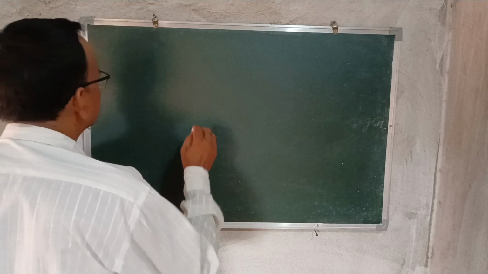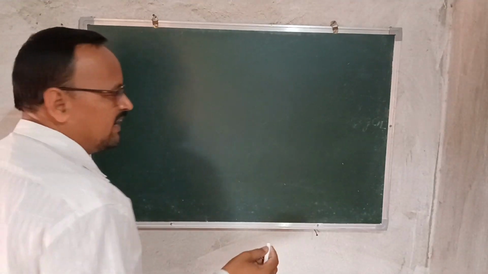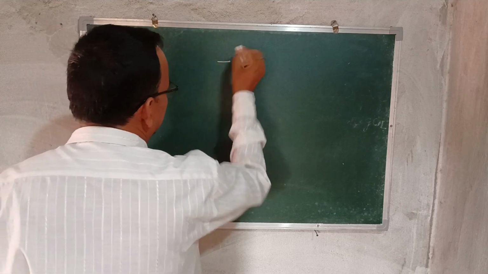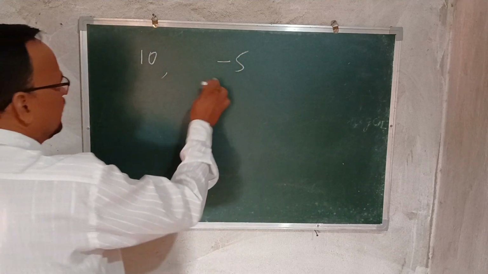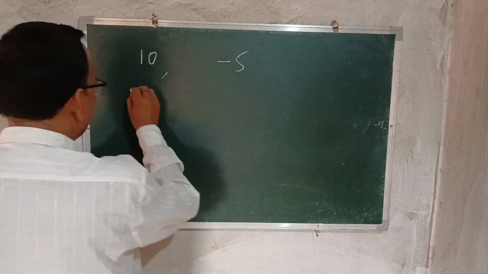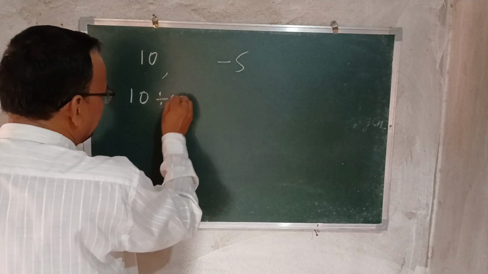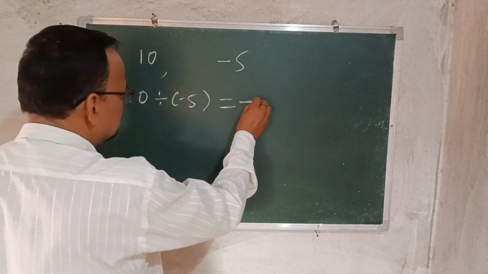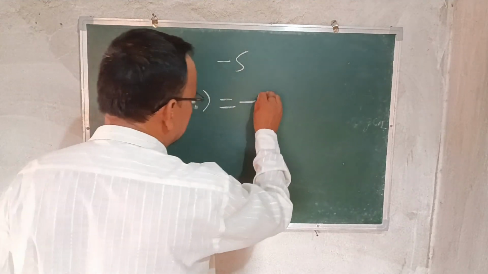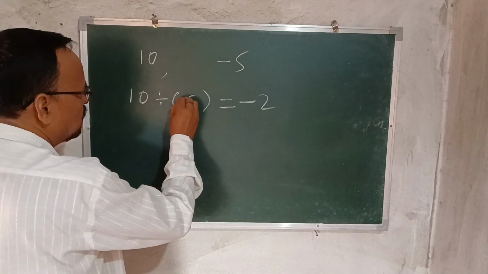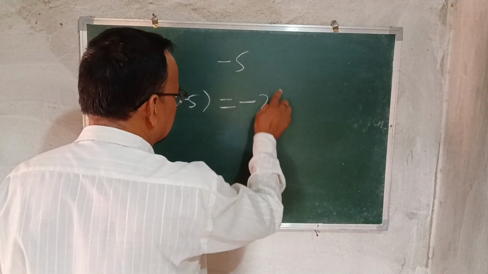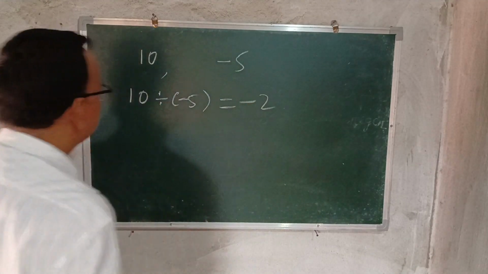Suppose we take two integers, 10 and minus 5. Here 10 divided by minus 5: plus divided by minus is minus, and 10 divided by 5 is 2. So the quotient is minus 2.